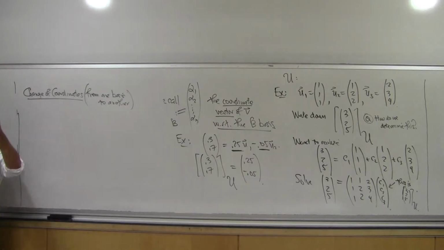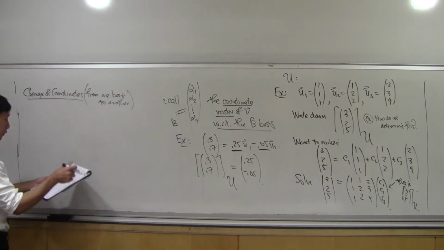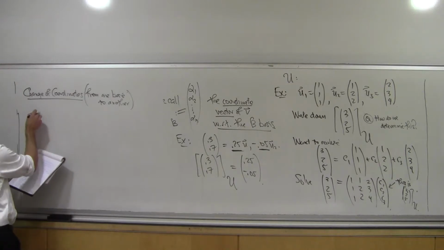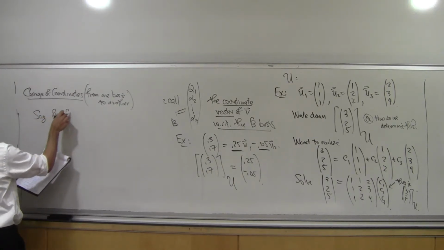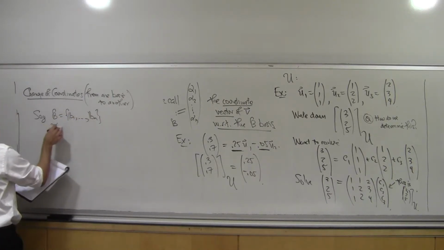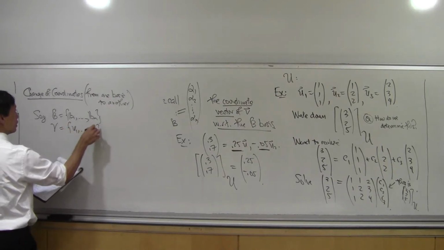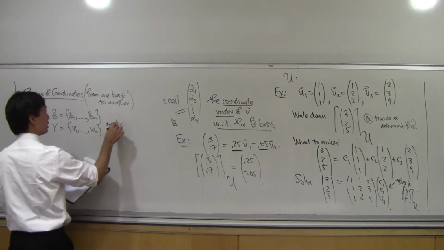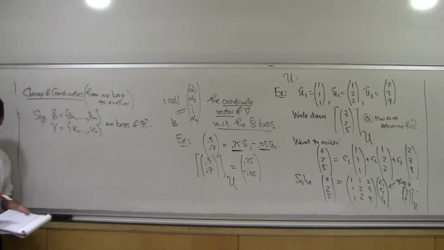You just have one vector, but multiple ways of expressing it, depending on what basis you choose. Suppose that B and V are both bases of Rn.